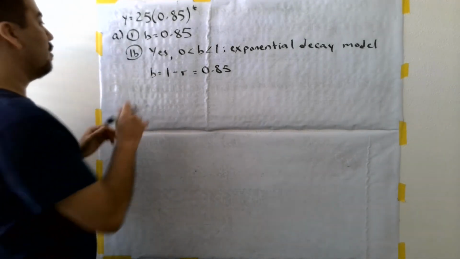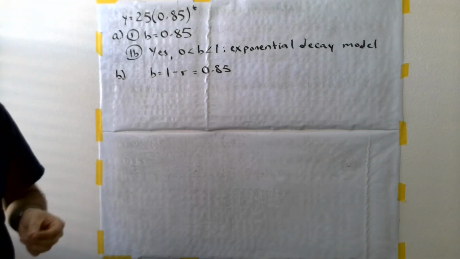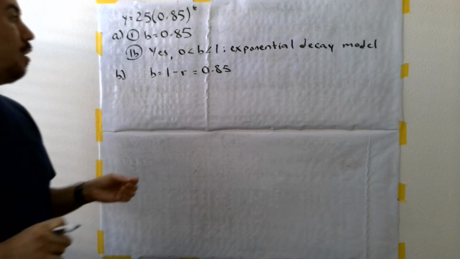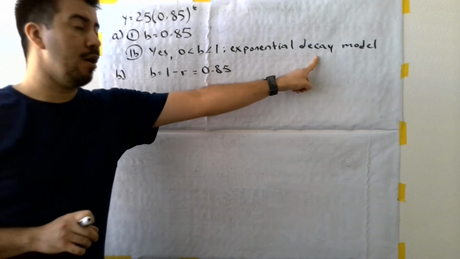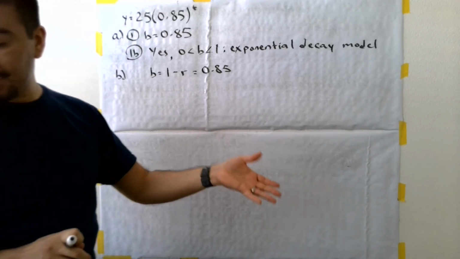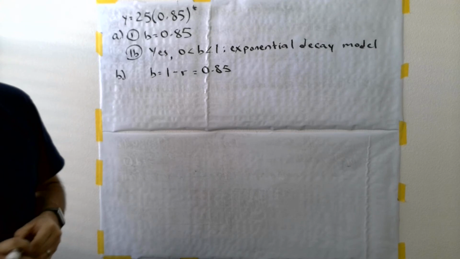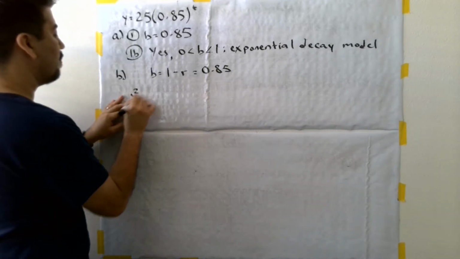This is in participation of part B, which says identify the annual percent increase or decrease in the value of the car. Because it's an exponential decay model, we're trying to find the annual percent decrease in the value of the car. So let's do step 2 now.